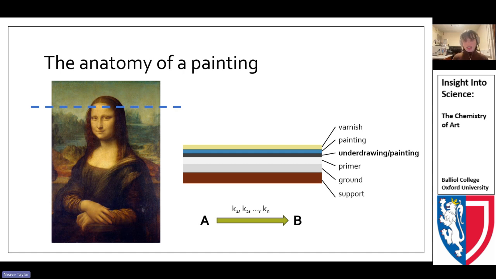We need to think about what's actually happening with the cross section, because all we're seeing is the final painting. And most paintings have quite a lot going on. There's a lot of layers. So I'm just going to talk you through the most common layers, sort of in the last couple of centuries of painting, that have to be thought about.